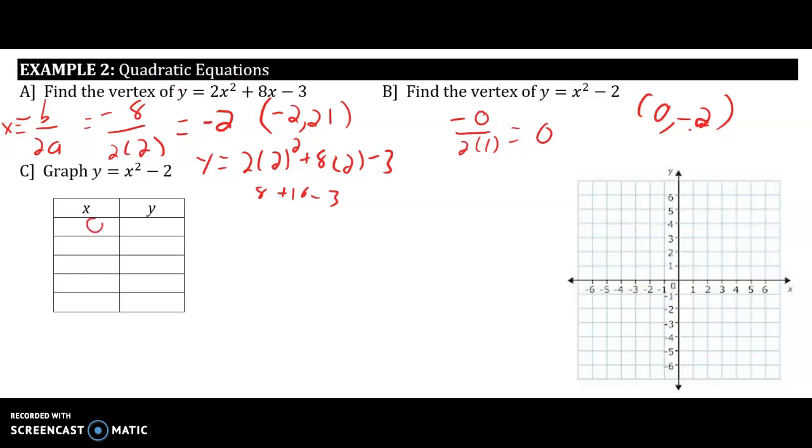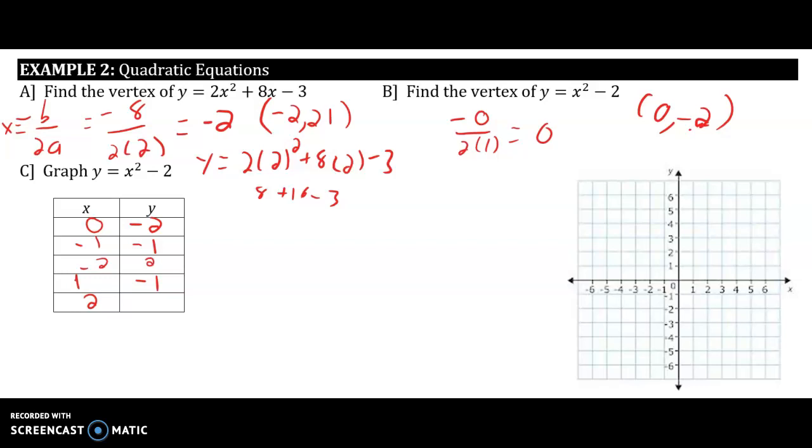So if I plug in 0, I already said I get negative 2. So what else do we want to plug in? Normally we plug in numbers to the left of our vertex and then numbers to the right of our vertex. If you plug in negative 1, negative 1 squared is 1, minus 2 is negative 1. Same thing if you plug in 1, you get negative 1 as well. It is symmetric. Plug in negative 2, you get 4 minus 2, which is 2.